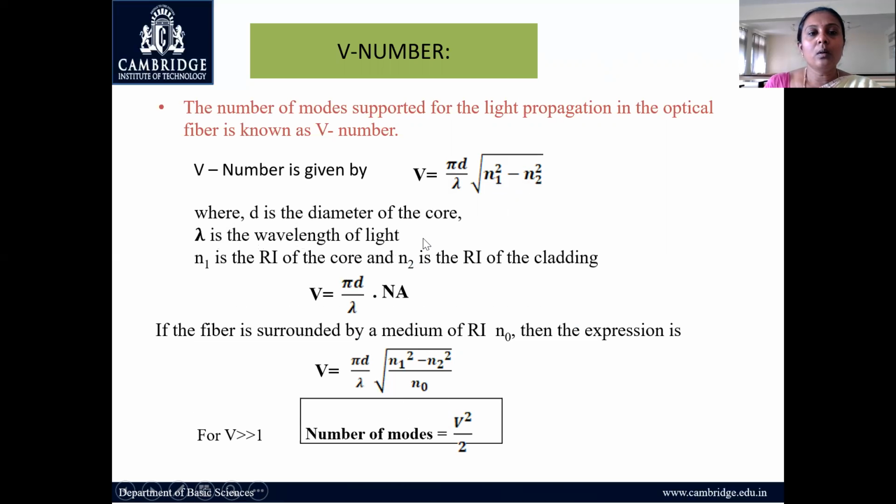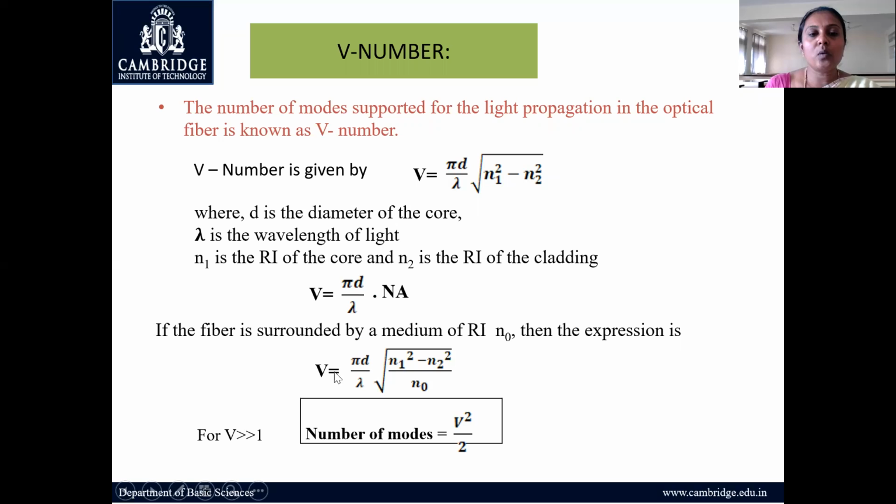The V number we can also write like this: V equal to pi d by lambda, and the root of n1 square minus n2 square is the numerical aperture, where n naught is the refractive index of the air medium. If you consider the air medium, the refractive index is 1.